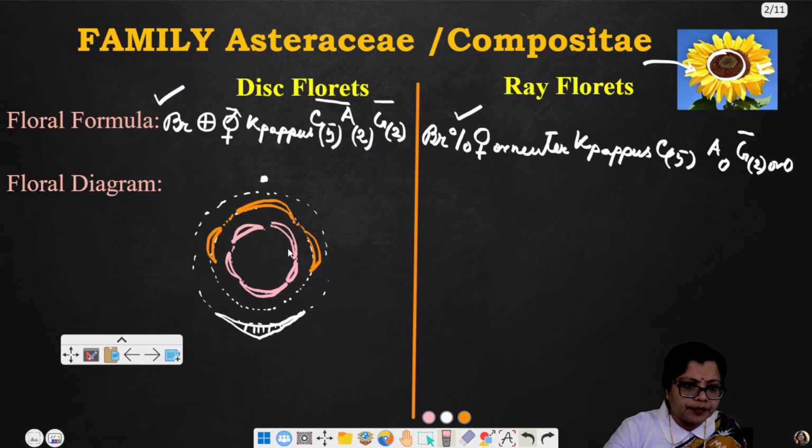And what have we learned? Valvate estivation means the margins of each petal are not overlapping each other. But we have learned gamopetalous, that's why we have put a bracket. So how to show? By using this loop. Okay.